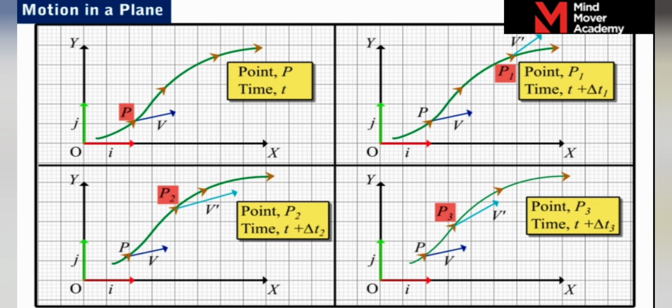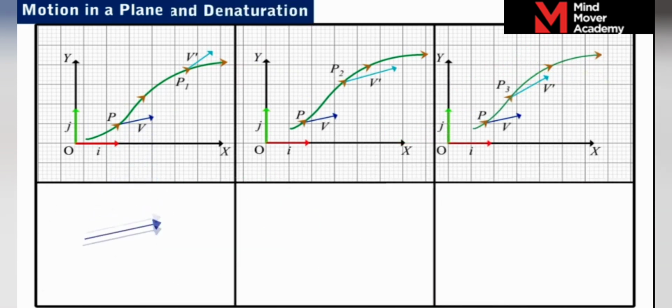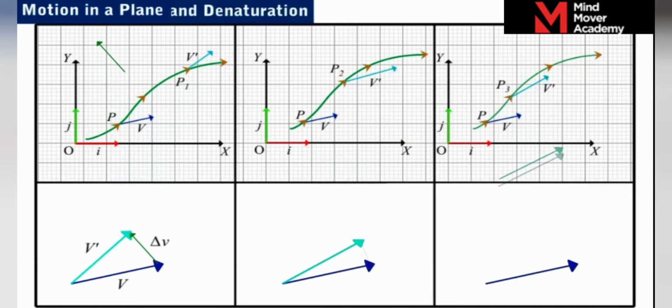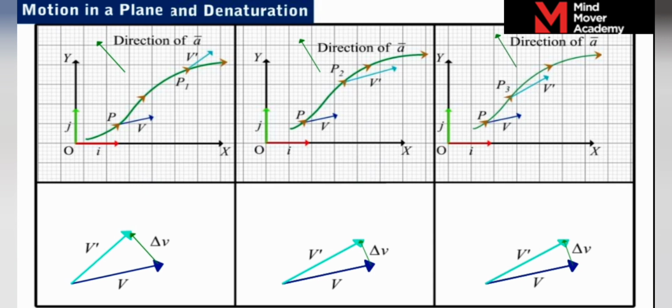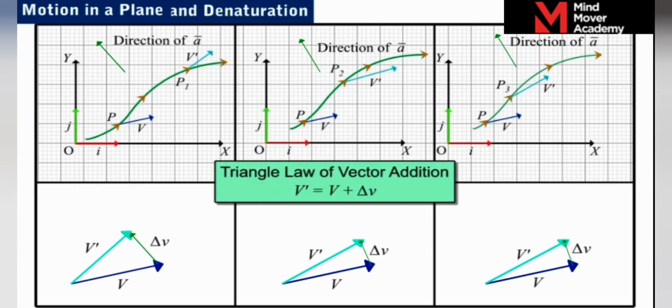For clarity, we have drawn 4 separate graphs. The direction of average acceleration a bar is the same as that of delta v for all the positions of the point P. In all the graphs, we have used the triangle law of vector addition.